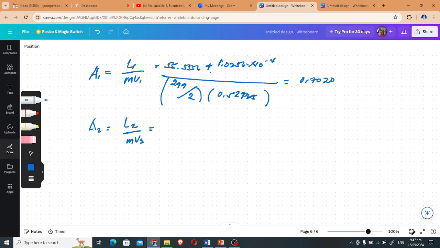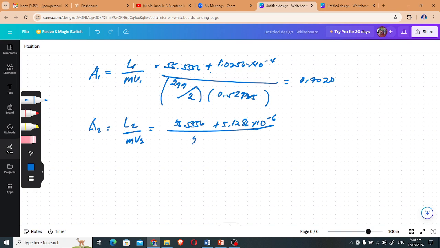so we can compare whether they really deviate much. The value is not really deviating much. Okay, you still have in L2 the 55.5556, this is for the water, plus 5.1282 times 10 raised to negative 6. So that's your L2.